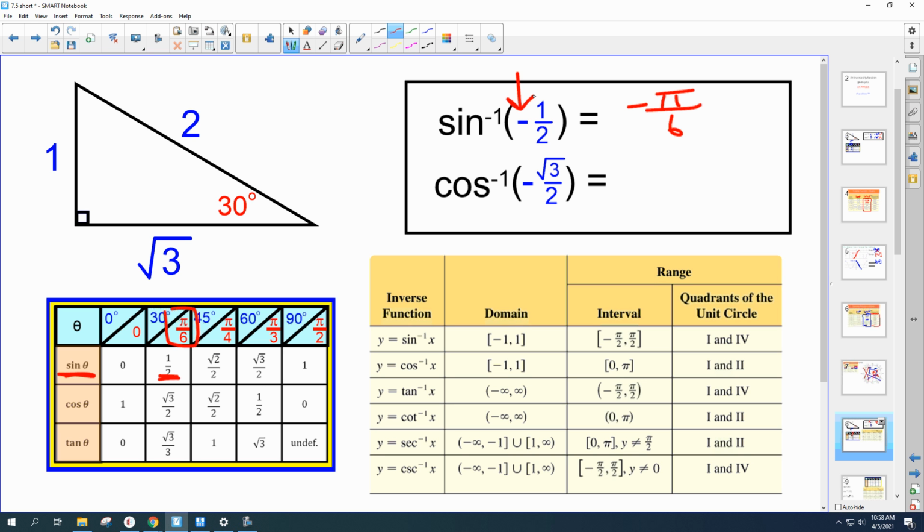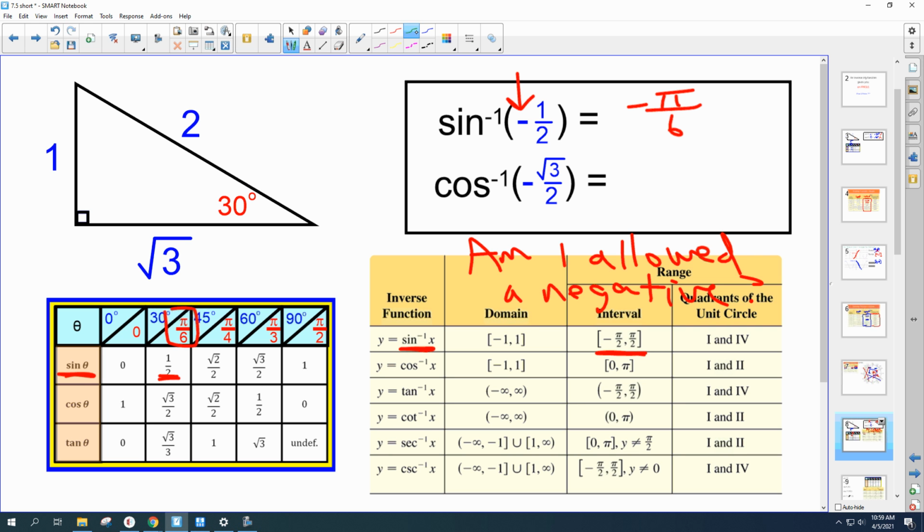You see this negative, and you think, let's just have the answer be negative, and that's not technically correct, because the negative has to do with where we are, right? The best thing that you can do is look at this chart and say, am I allowed to have a negative answer? And in the case of inverse sine, you are, right?